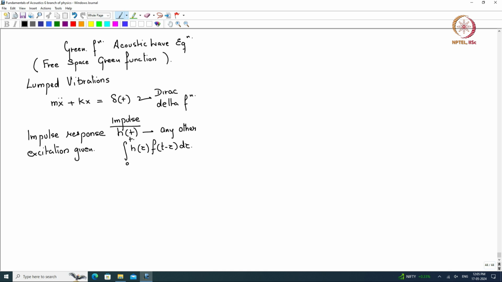So if delta of t is the impulse, h of t is the impulse response.